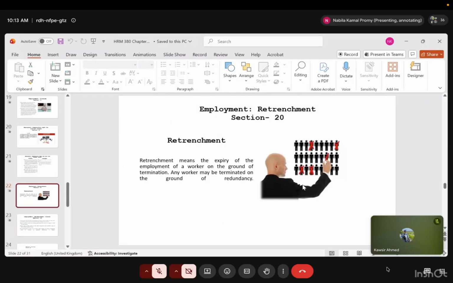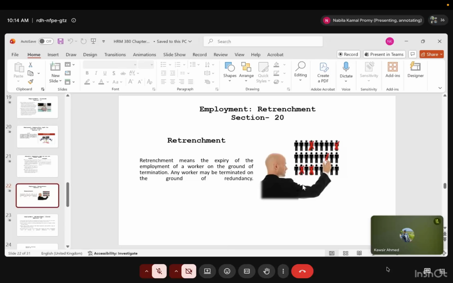Next we have retrenchment. Retrenchment, again, is one kind of termination where you are terminating an employee. Retrenchment is a kind of termination due to redundancy. That means you, as a company, have more employees than you need. Let's say in your company, if you have 100 employees, that will be sufficient for your company.